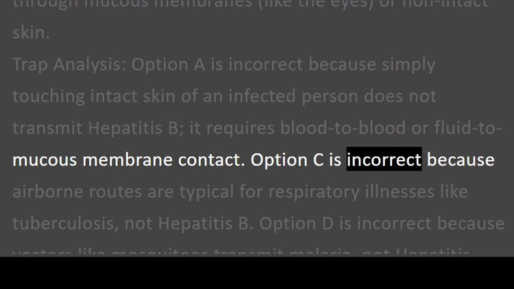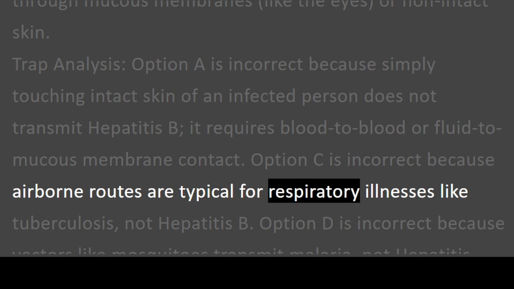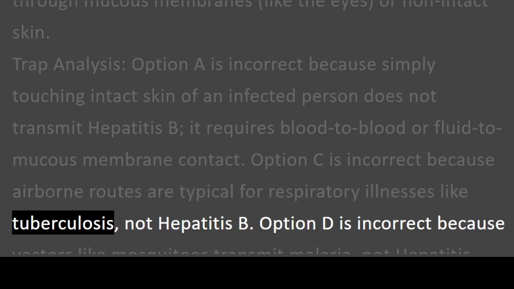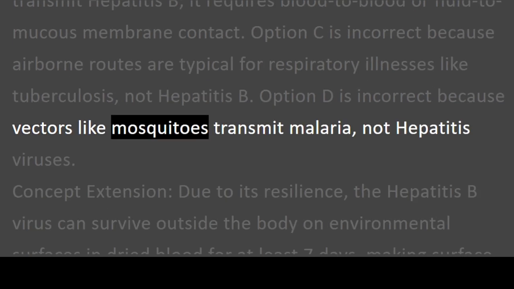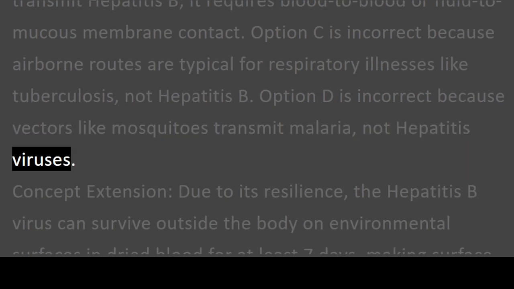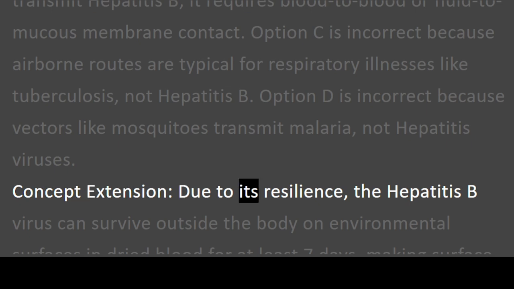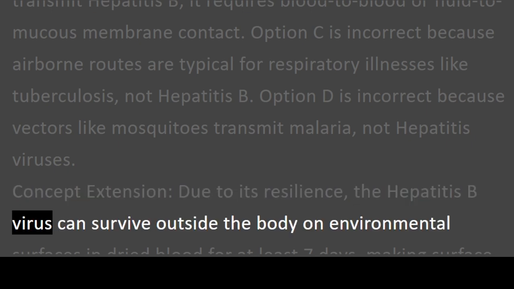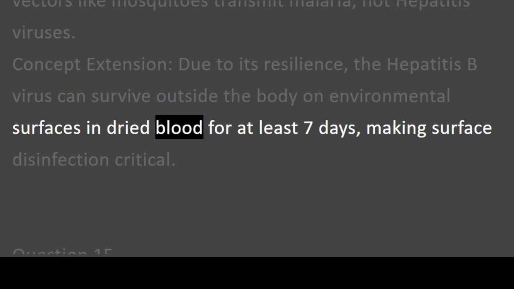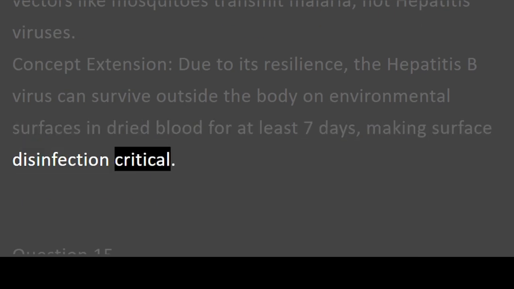Option C is incorrect because airborne routes are typical for respiratory illnesses like tuberculosis, not hepatitis B. Option D is incorrect because vectors like mosquitoes transmit malaria, not hepatitis viruses. Concept extension. Due to its resilience, the hepatitis B virus can survive outside the body on environmental surfaces in dried blood for at least 7 days, making surface disinfection critical.